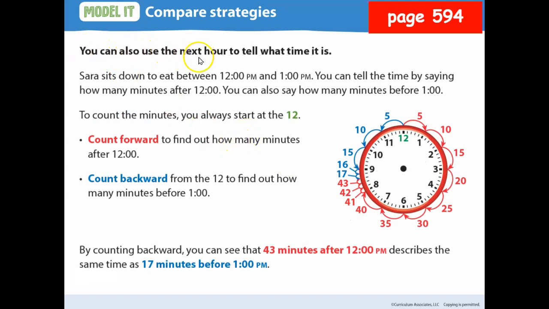You can use the next hour to tell what time it is. So Sarah sits down to eat between 12 p.m. and 1 p.m., as you can see here. So actually, she eats at 12, like this.